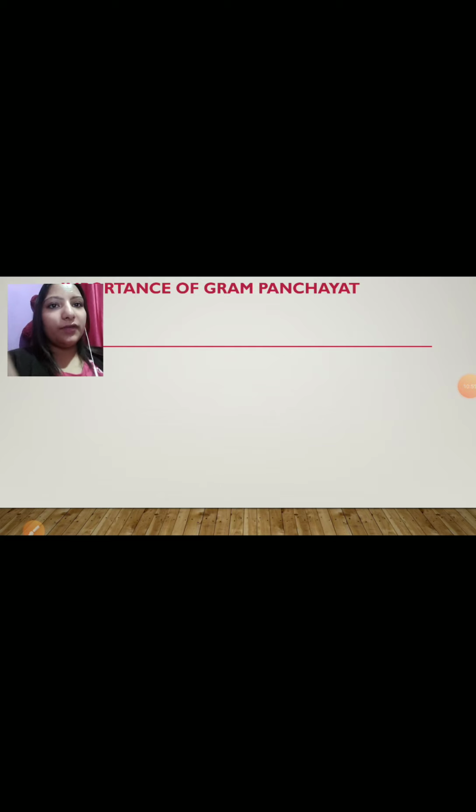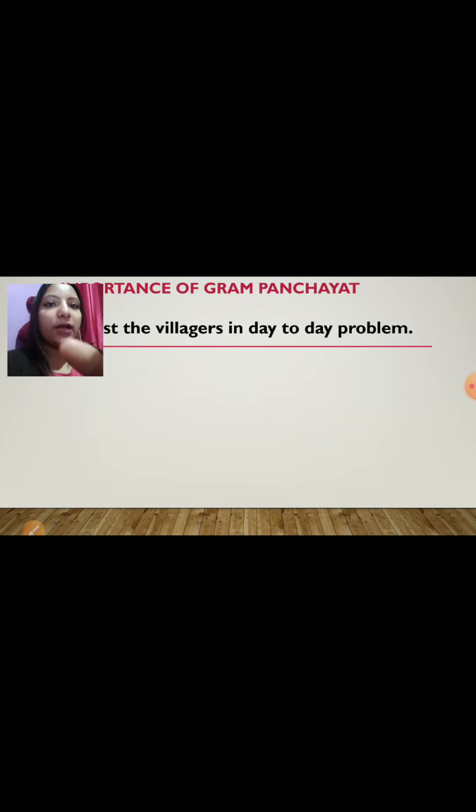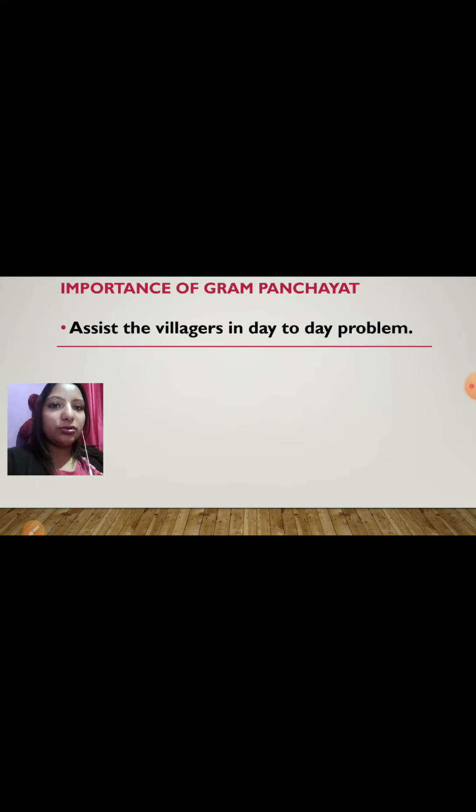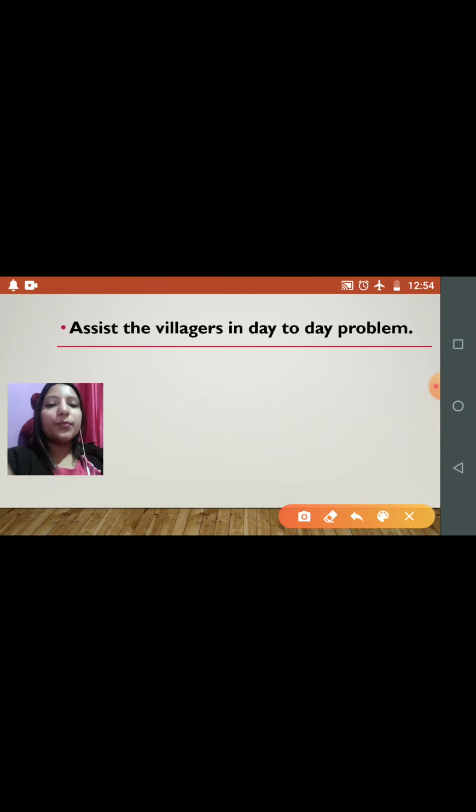Now we will see the importance of the gram panchayat, why it is very important to have a gram panchayat at the village level, because we have already discussed so many functions. Apart from that, it assists the villagers in their day to day problems, because villagers cannot approach the high court, the supreme court, or the district court.